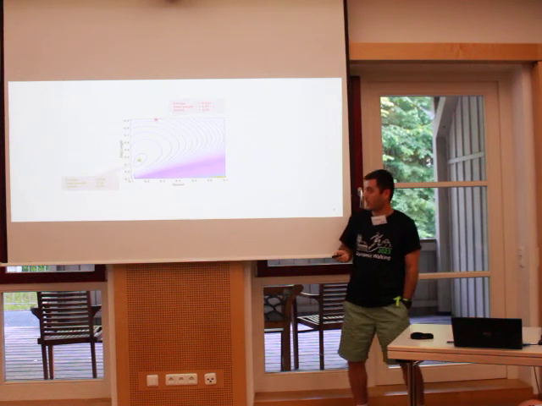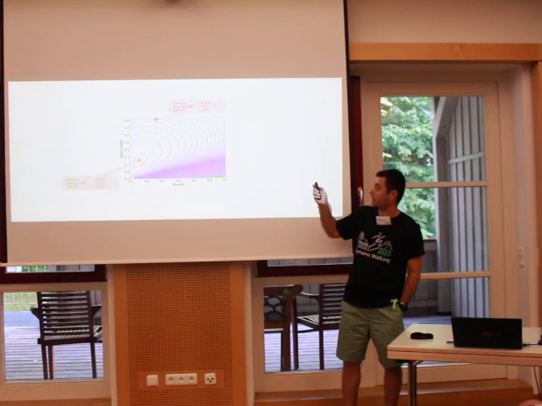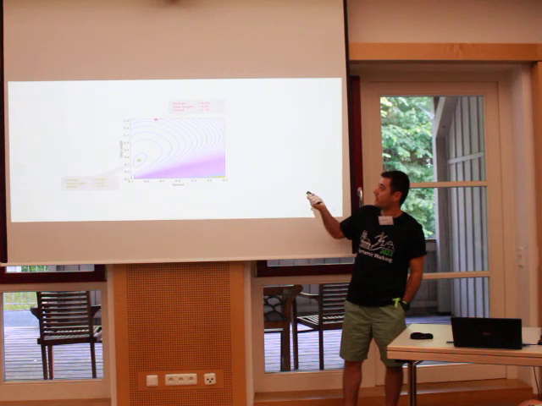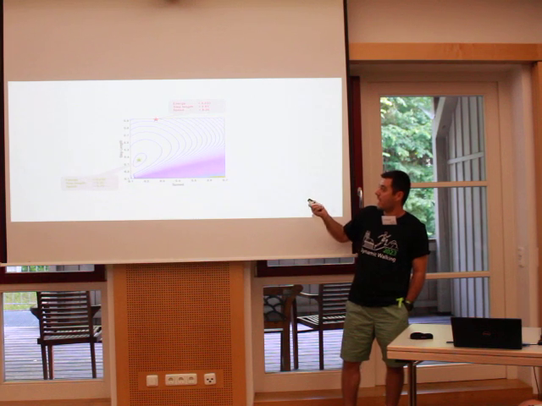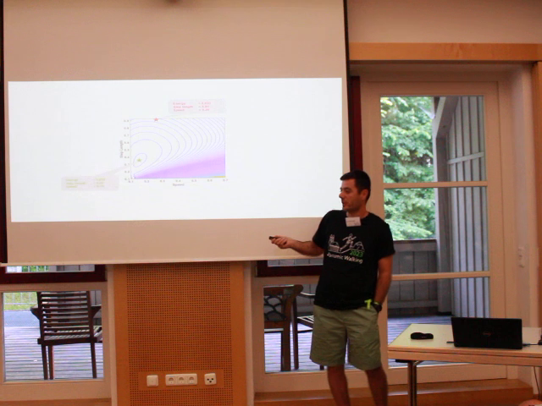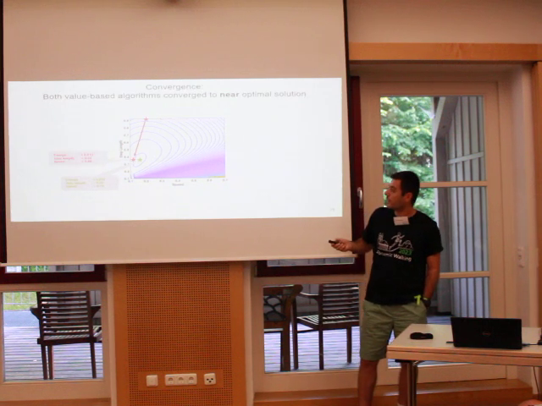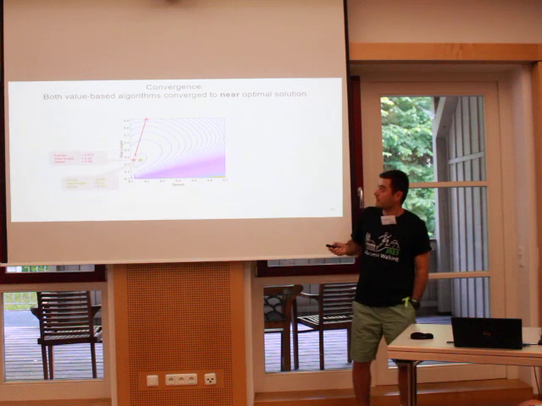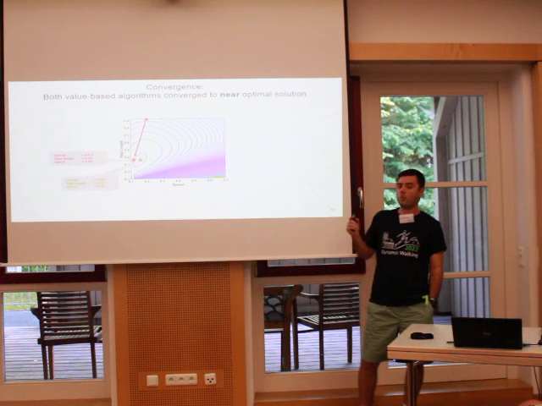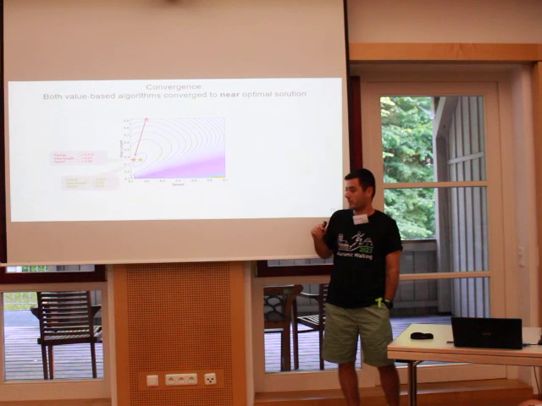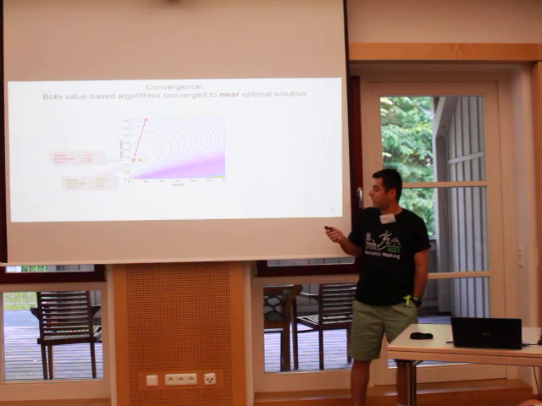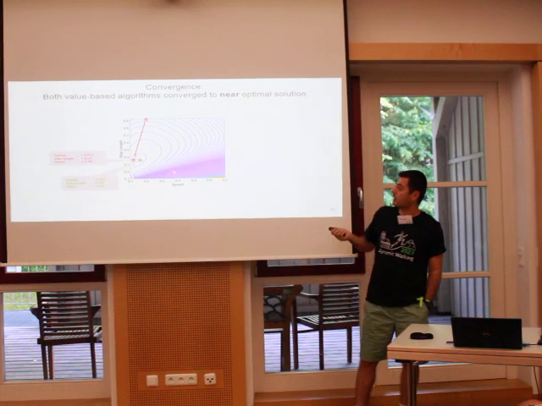So basically our problem is like this. We start from there with these values of energy, step length and speed, and we know the optimal values are this one. We want to know if the walker can find these optimal values. What we found is that in terms of convergence, both value-based algorithms that I showed you can find the final energy near the optimal solution.